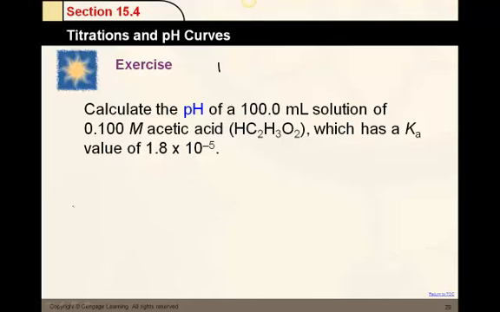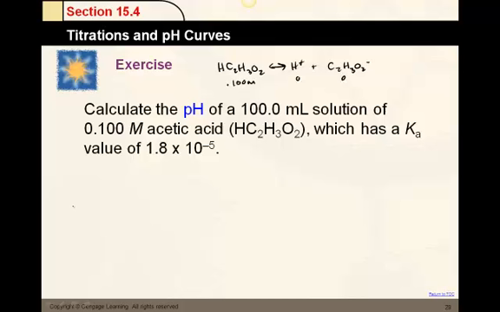So we have HC2H3O2 forming its 2 ions. Not well, though. I'll remind myself by putting the double arrow. Sometimes I forget that. And it's a 0.100 molar solution. And the fact that there's 100 milliliters is nice, but it doesn't matter because it gives us the molarity.